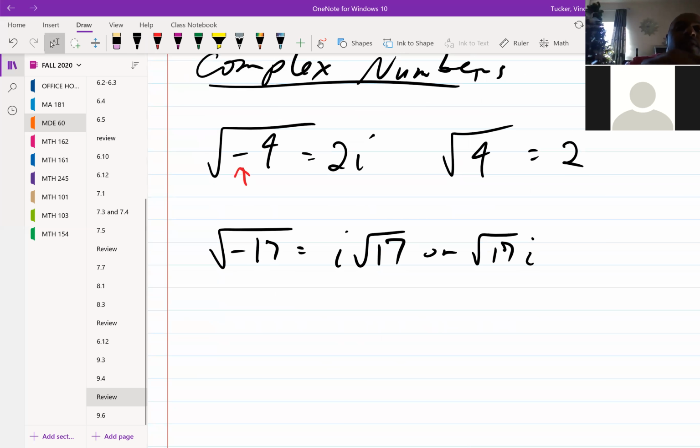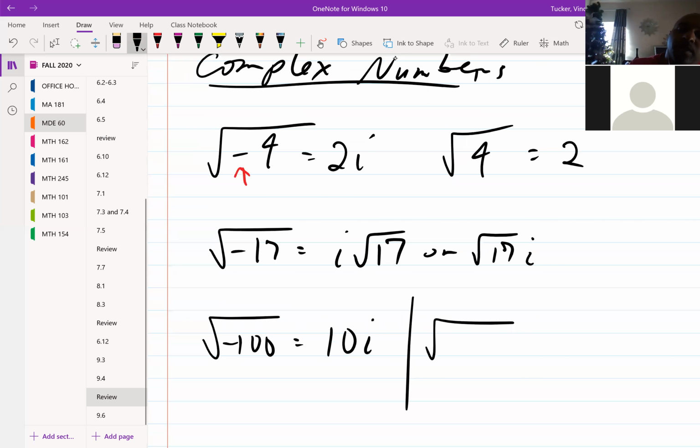All right. Square root of negative 100 is 10i. Now, if you have the square root of a number that cannot be taken the root of evenly, we will handle it the same way we would previously, no matter the fact that we have a negative involved.